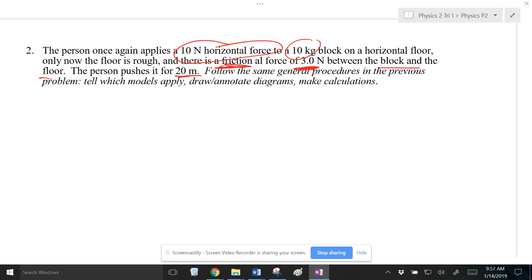Oh wait, you want me to change this to 3?